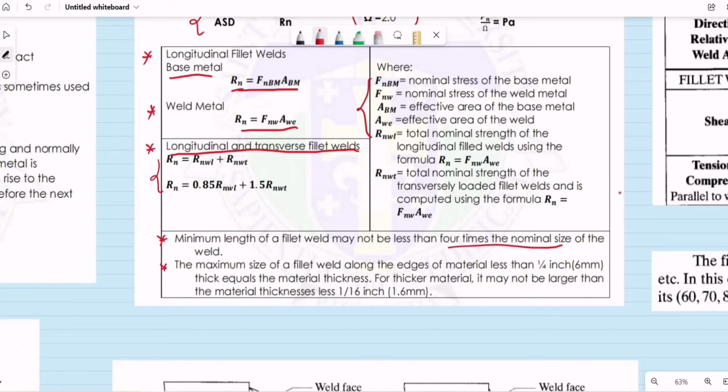The maximum size of a fillet weld along the edges of material less than 1/4 inch or 6 millimeters thick equals the material thickness. For thicker material, it may not be larger than the material thickness less 1/16 of an inch, or in millimeters, 1.6 mm.